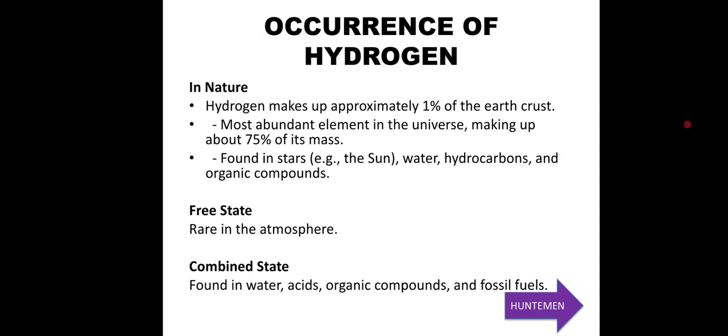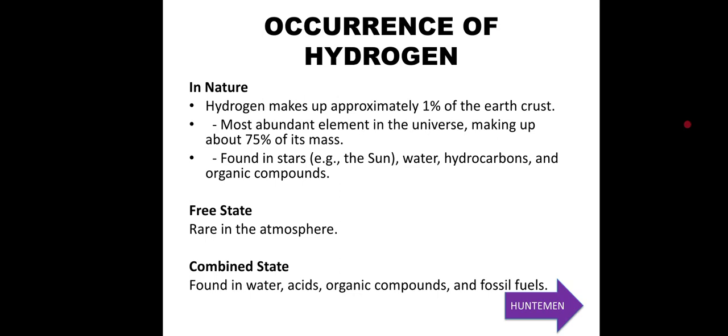In free form or in free state, hydrogen does not exist, compared to oxygen that is freely in the air. So hydrogen does not exist freely, but it exists also in combined form, such as in water, in acid, in organic compounds and fossil fuel.